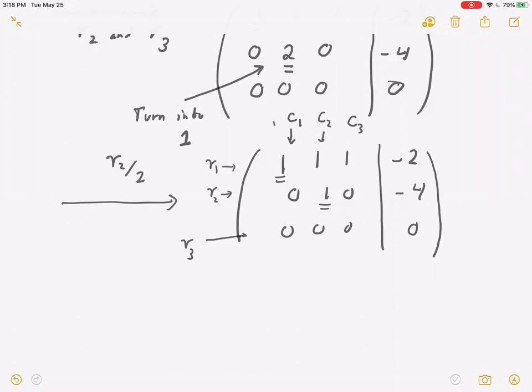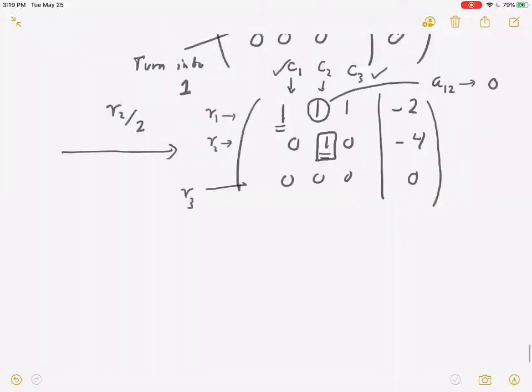That's clearly true for column 1, and that's clearly true for column 3. It's not true for column 2. So my leading 1 is here in row 2, so I have to turn this A sub 1, 2 matrix element into 0. If I do that, I'm meeting one of the definitions of reduced row echelon form.